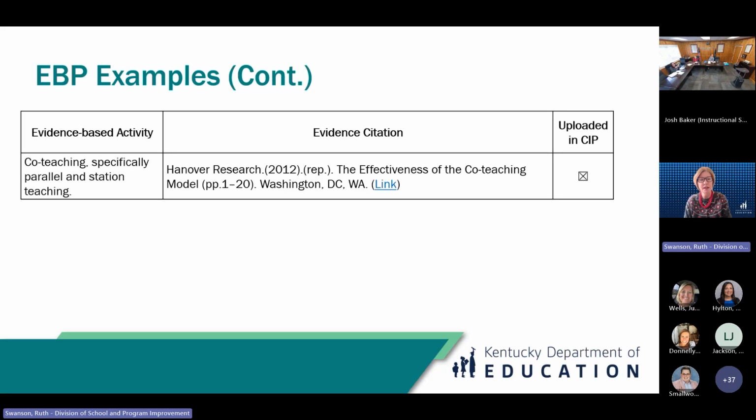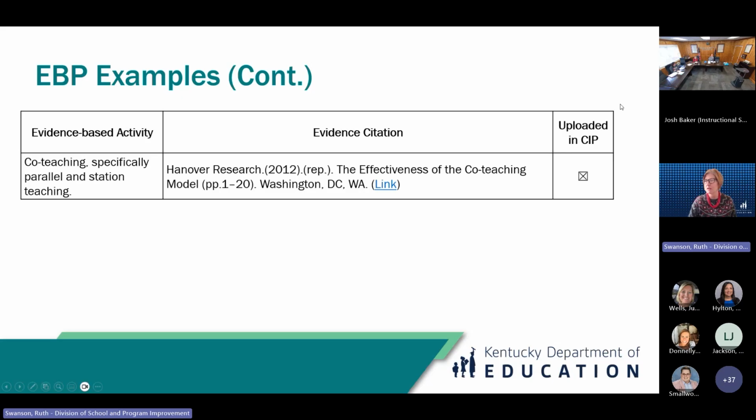It asks you to provide a citation. So anybody who looks at your school improvement plan should be able to access the study that you based this on. So make sure if you can provide a link, or if you have the correct citation, somebody should be able to copy and paste that in a search engine and pull up that study that you used.